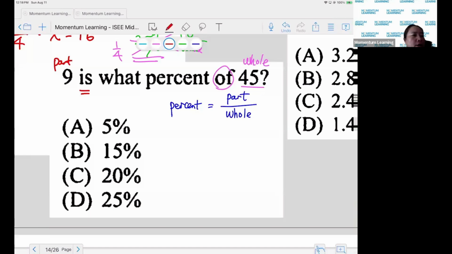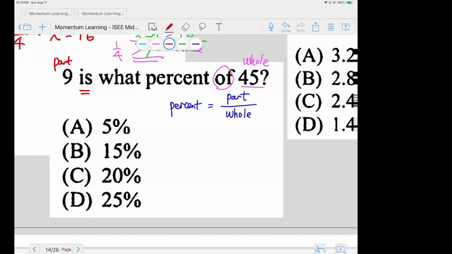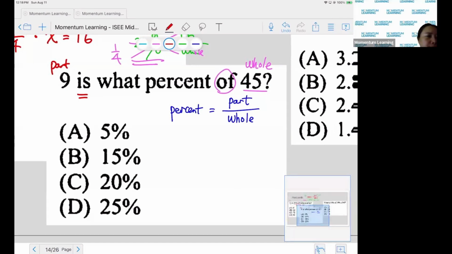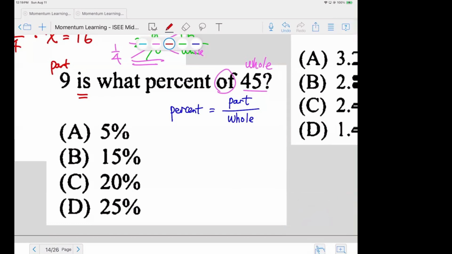Okay, let's start, Olivia. I know you probably are still calculating. Can you tell me, how did you start? For me, I don't know how to explain this, but I need to find what percentage of 9 is of 60.